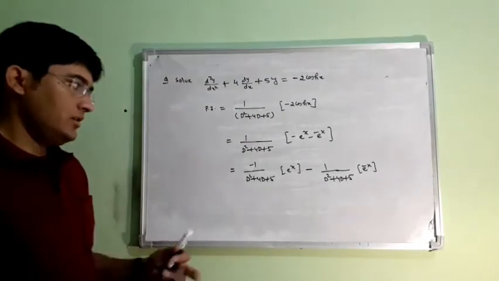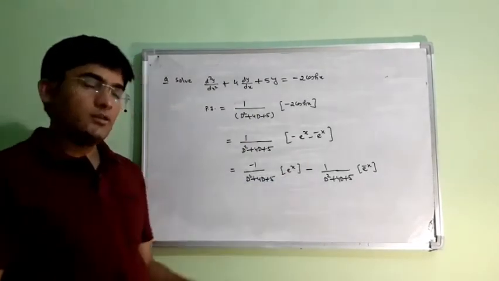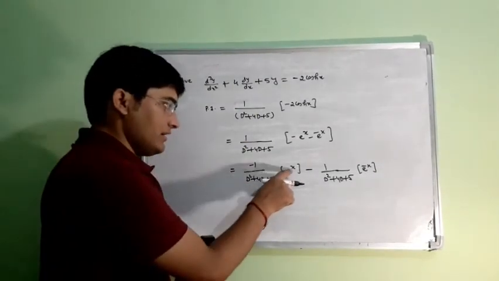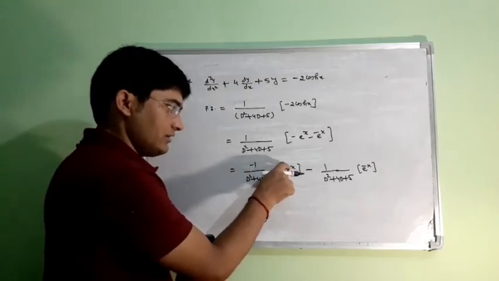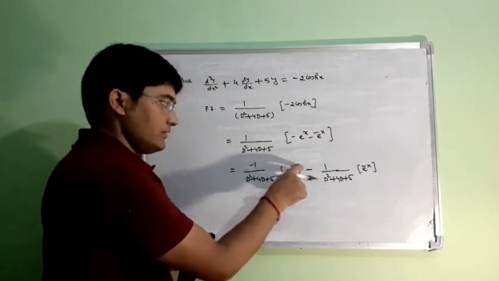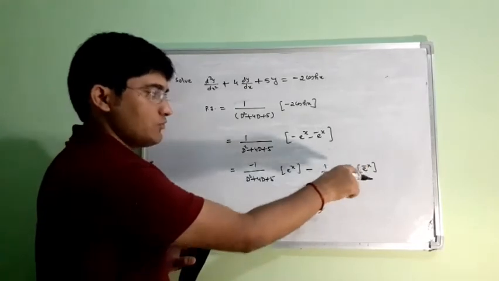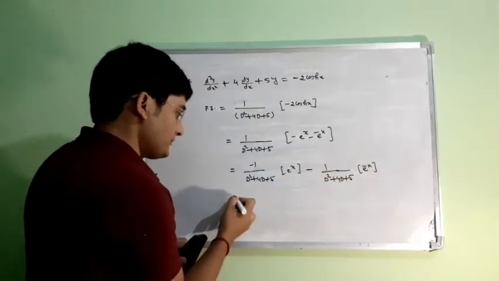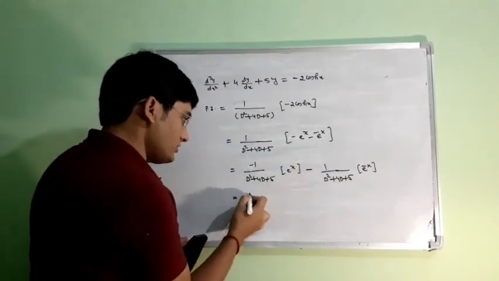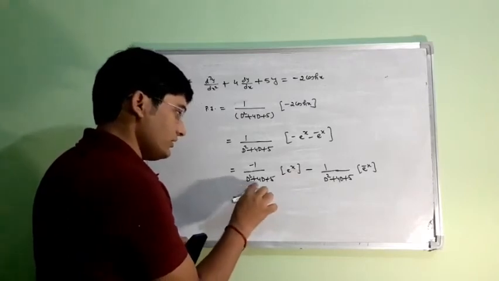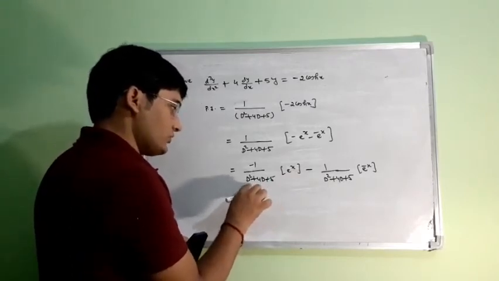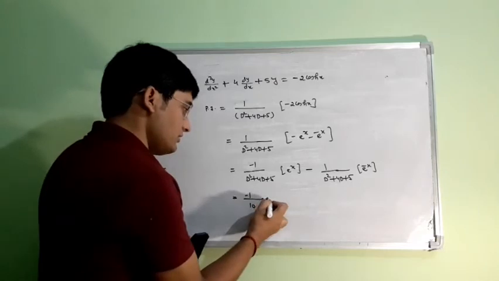We know that in case of e to power ax, we replace D by a. Here a is 1 in the first term, and in the second term a is minus 1. So let us replace D by 1. This will be minus 1 upon 1 plus 4 plus 5, that is 10.